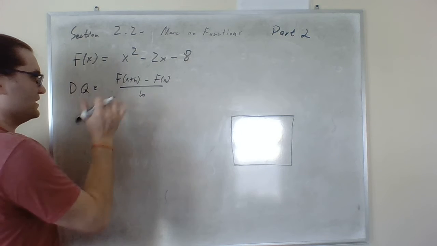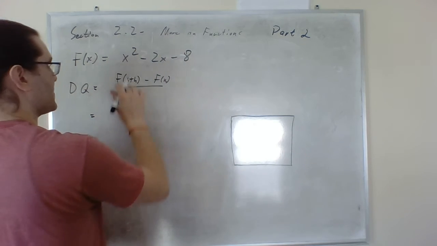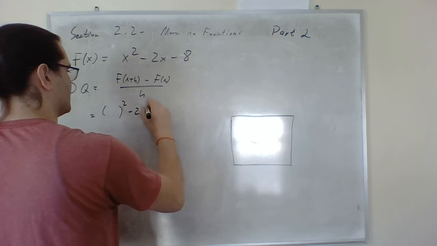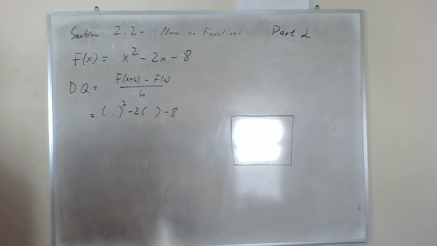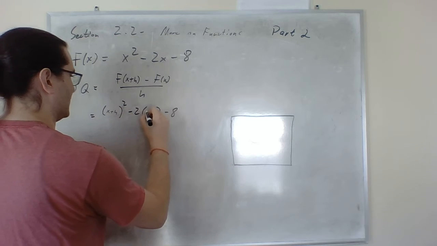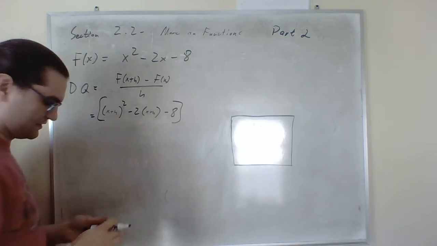Once I have this thing written down, I will plug in the function into this thing. So my function takes an x and squares it, and then subtracts 2 of those things, and then subtracts an 8. Into each of these sets of parentheses, I need to plug an x plus h. This is f of x plus h.